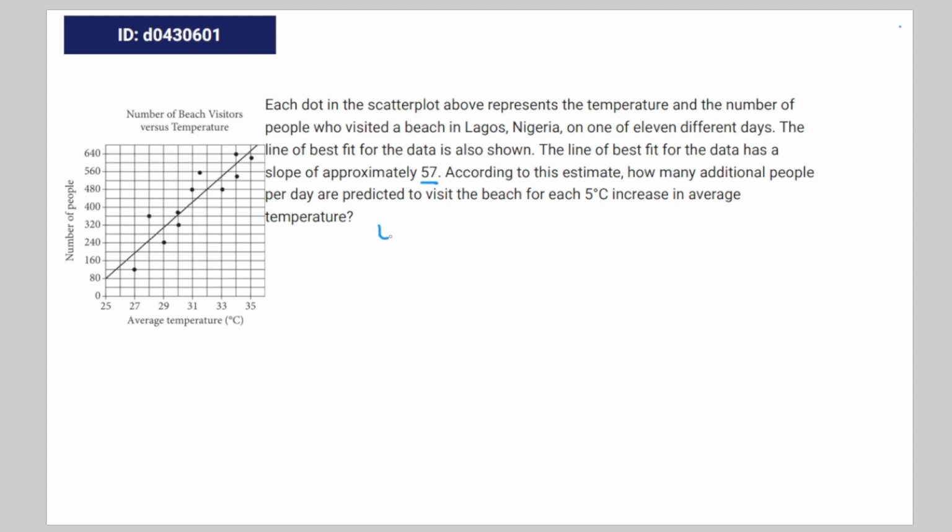So to use the slope-intercept form again, it's going to be y is equal to mx plus b. And we know m to be 57, so it's going to be y is equal to 57x plus b. And we remember the principle that for every increase of x by 1, y will increase by m.